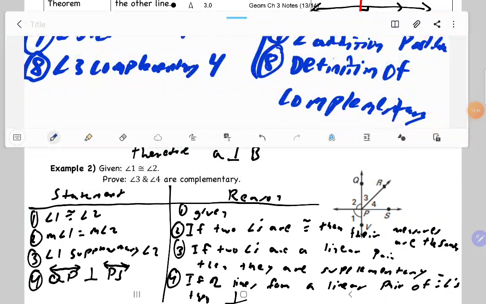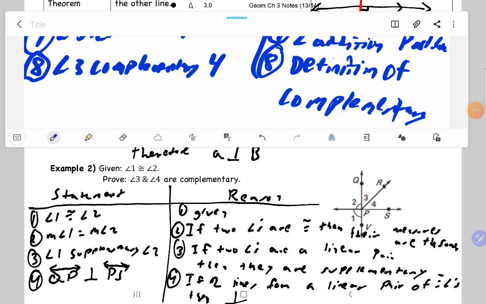Okay, so let's go back. So we all started off with angle 1 is congruent to angle 2. And on this picture they're right next to each other. So we know we're probably going to use some sort of fact about perpendicular lines. So without even looking at what we're trying to prove, I just went through exhaustively what this all meant.